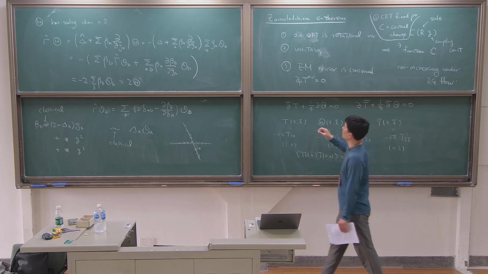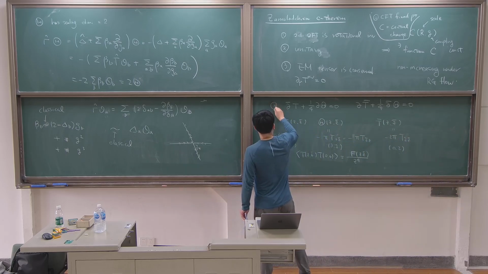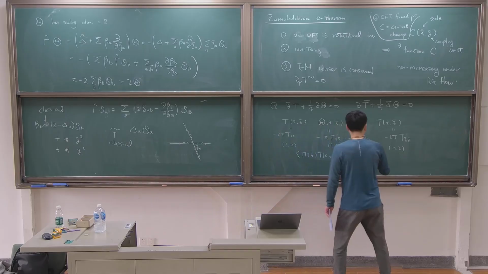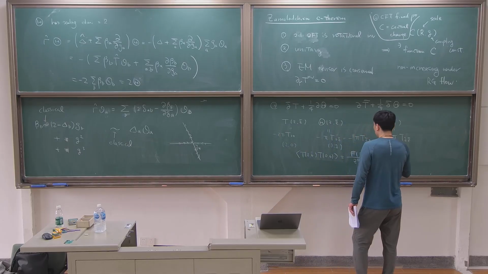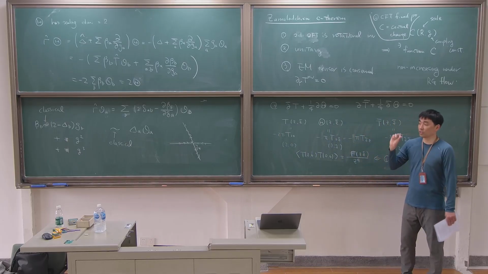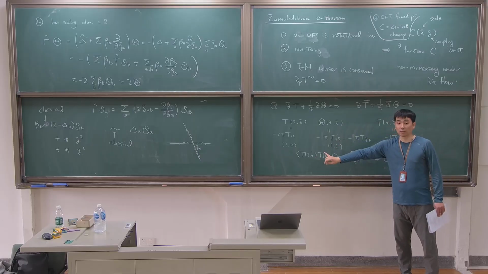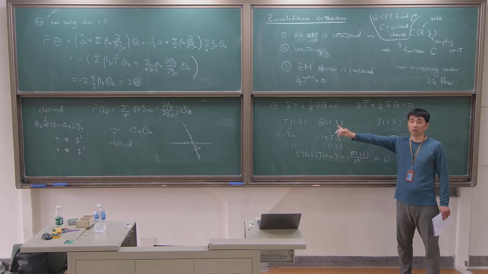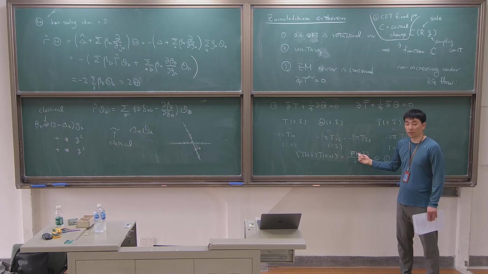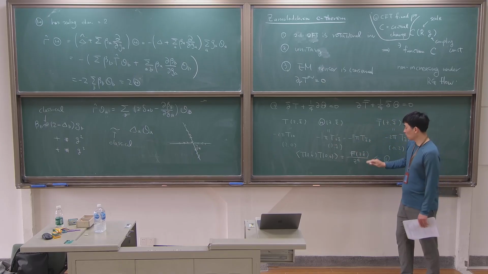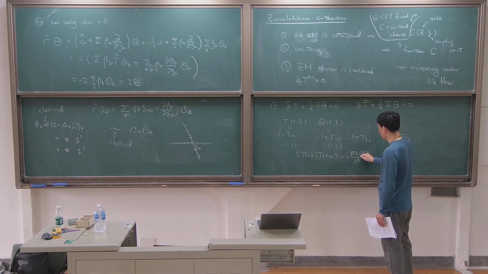Here I use assumption 3, and here I use assumption 1, rotational invariance. So the correlation function can only depend on R, the absolute value of z.